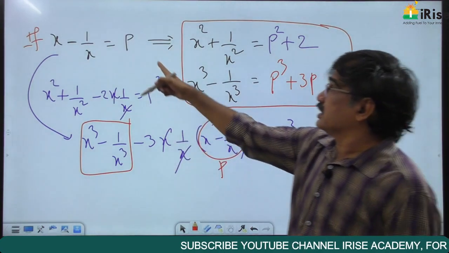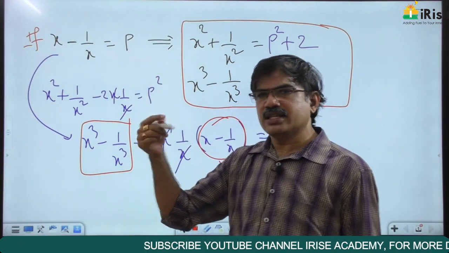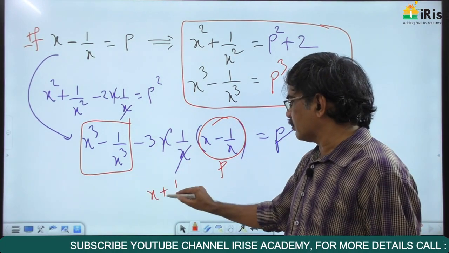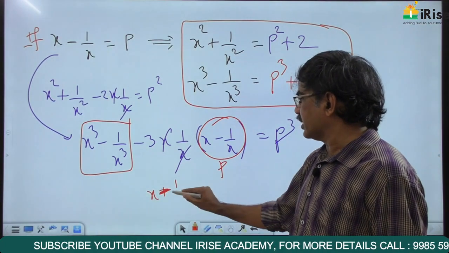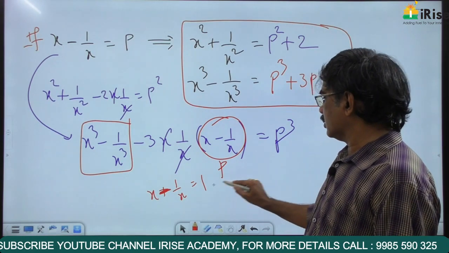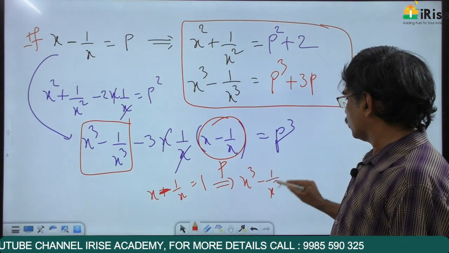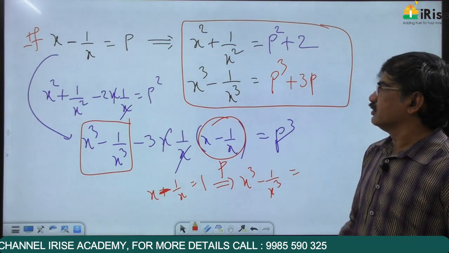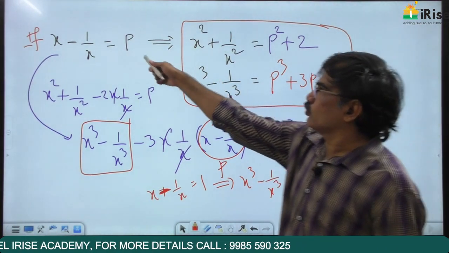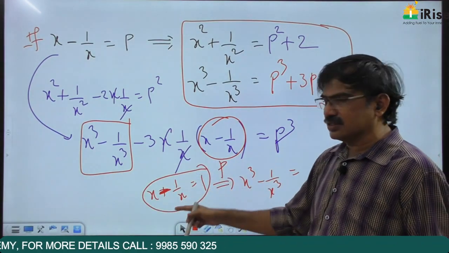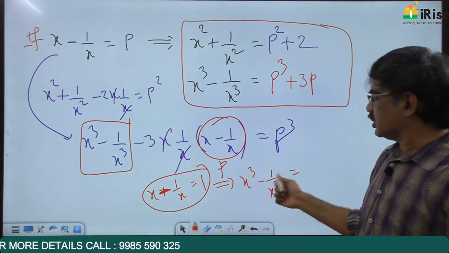Okay, p is any value. For example, if x minus 1 by x is equal to 1, then what is x cube minus 1 by x cube? If x minus 1 by x is equal to 1, then actually if this condition is given, x is not real, but the question is given.